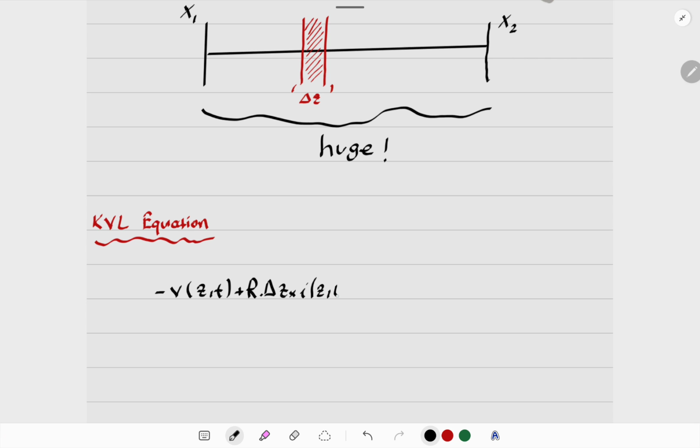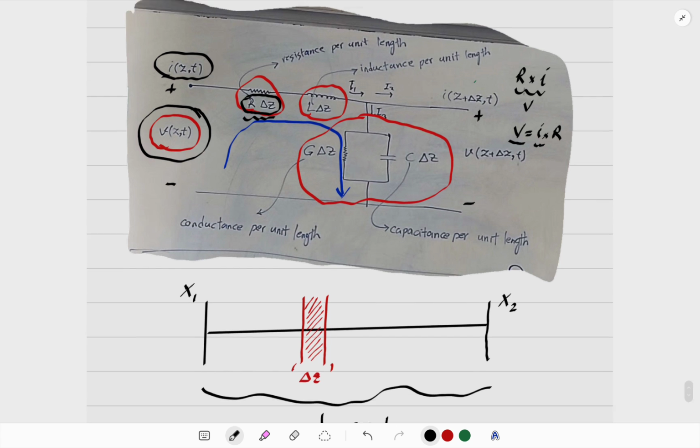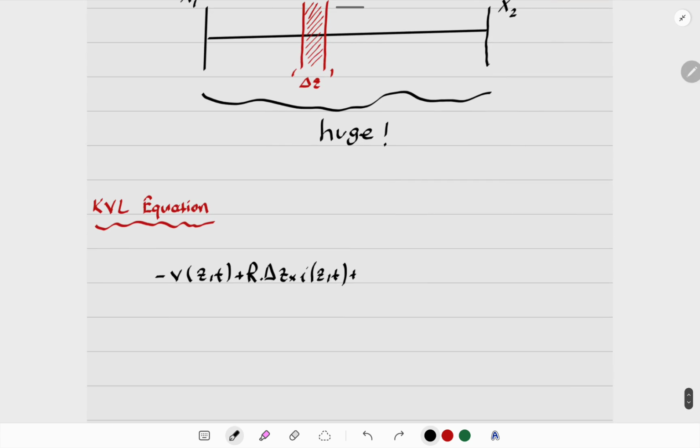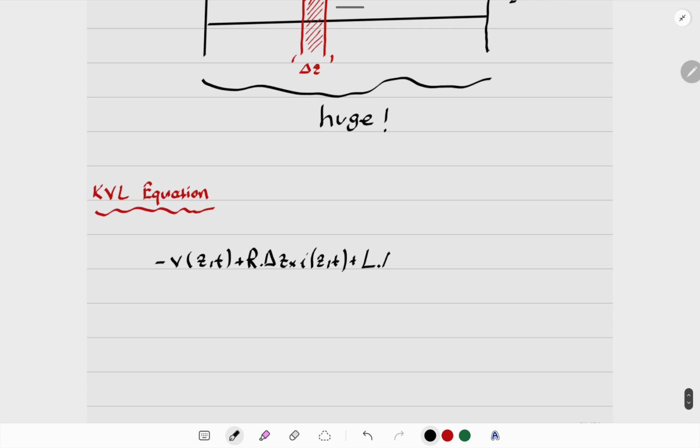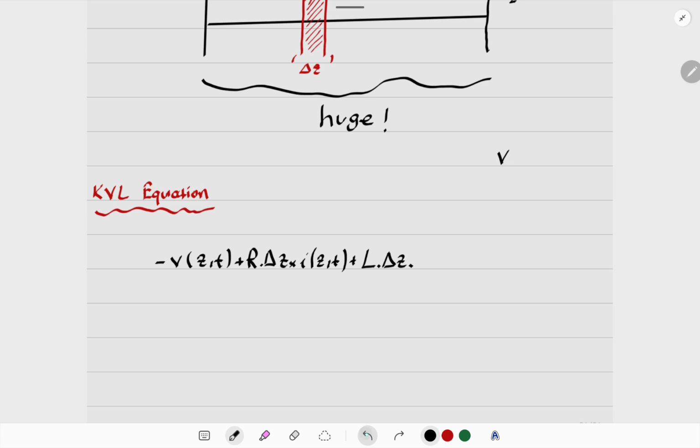I(z,t). Great. Plus, the same thing goes for the L delta Z, so we write L times delta Z times, but let's remember that for voltage equations we are not using L times I, but L times di/dt.